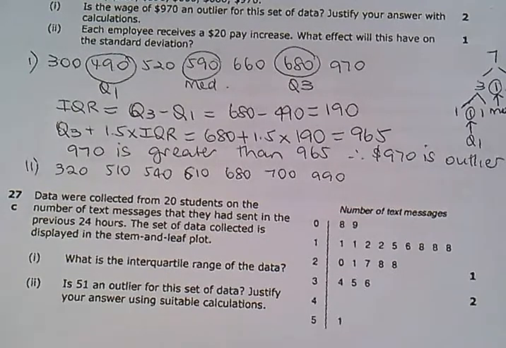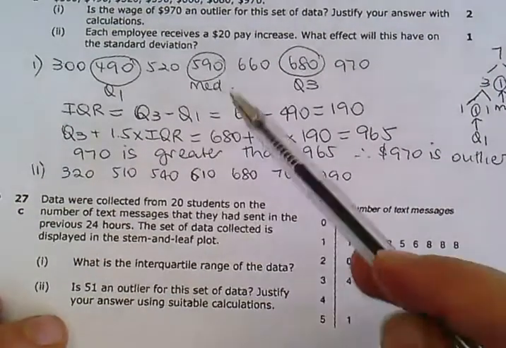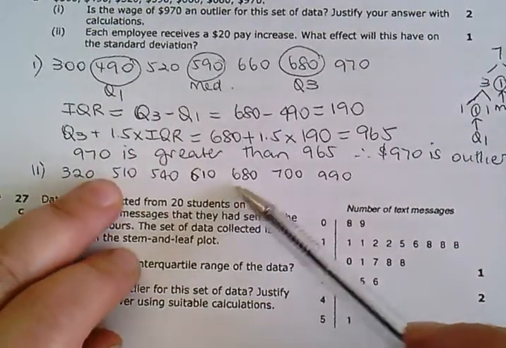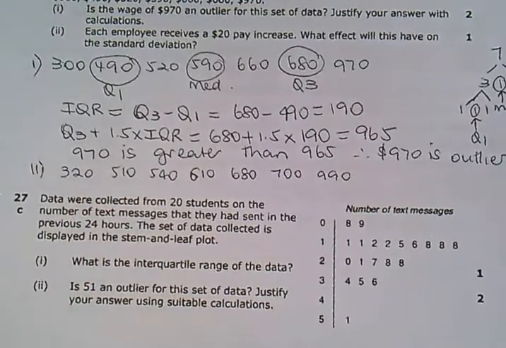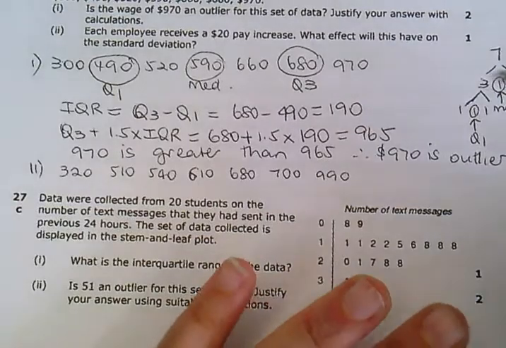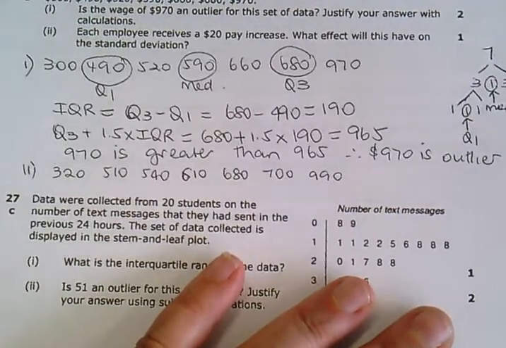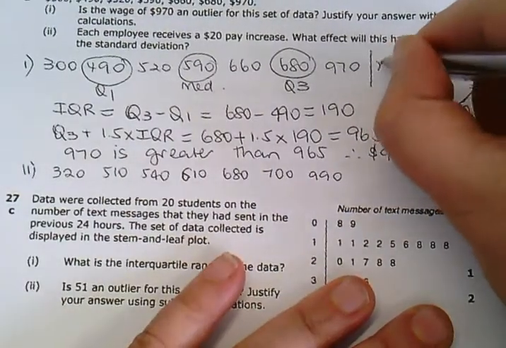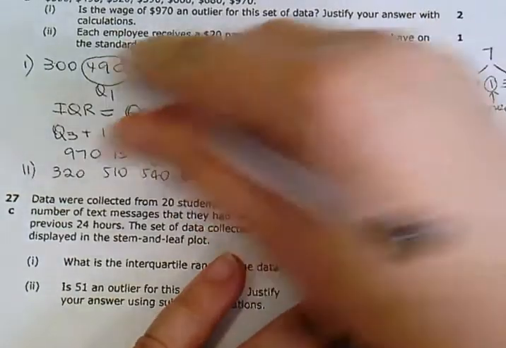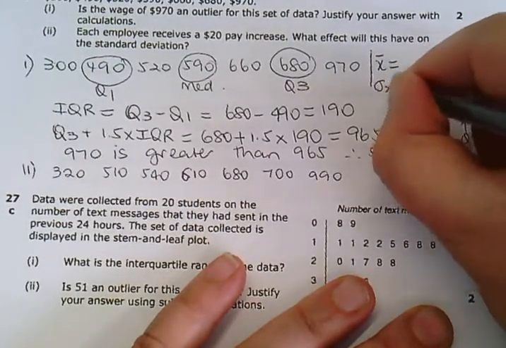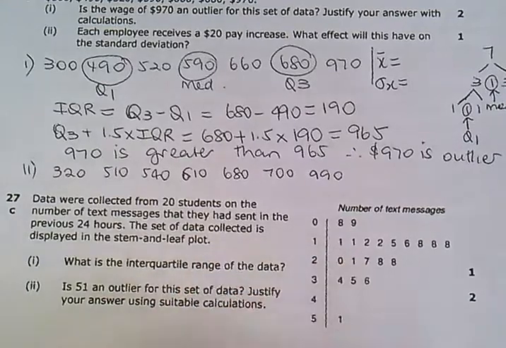Remember, standard deviation is the spread of the scores from the mean. So yes, the mean for this second set of data is $20 higher than the first, but the scores are still spread out the same way from the mean. If you're not sure about that, work out the mean and standard deviation for the first 7 numbers and write them down.